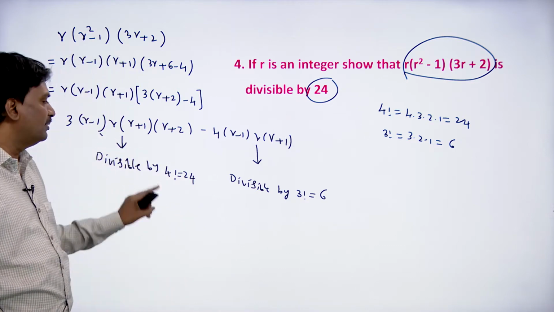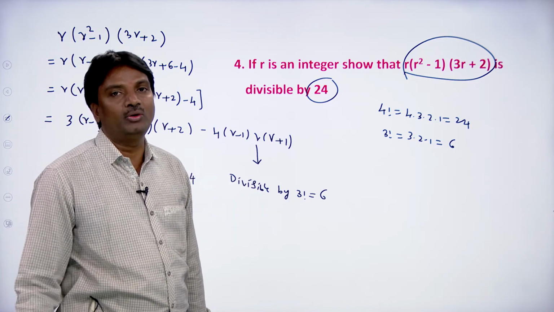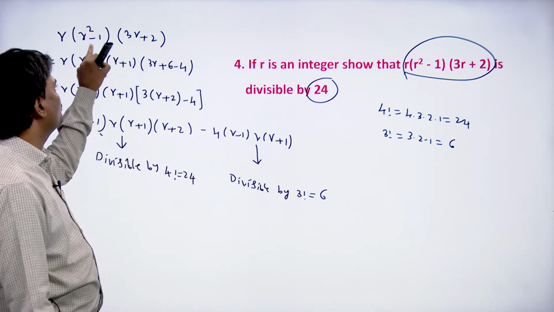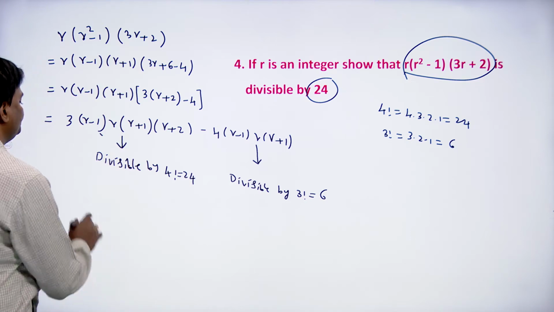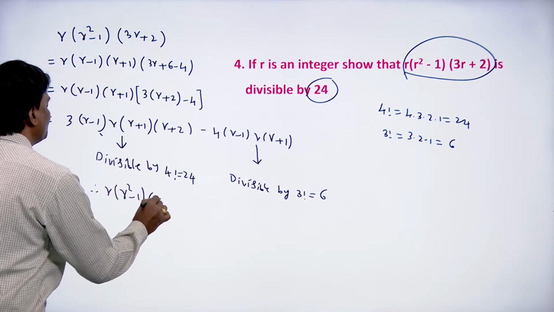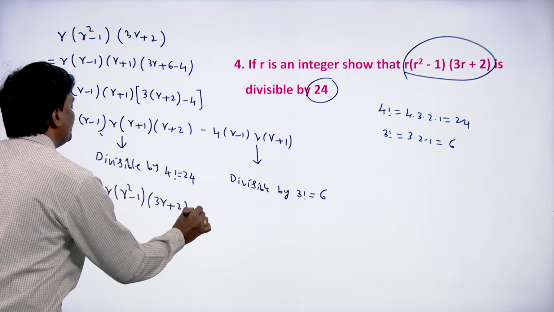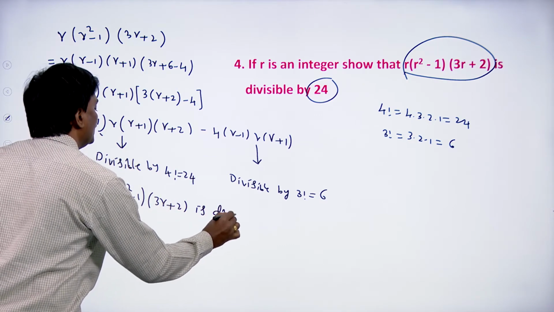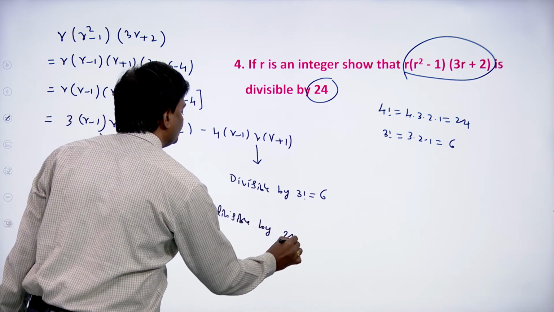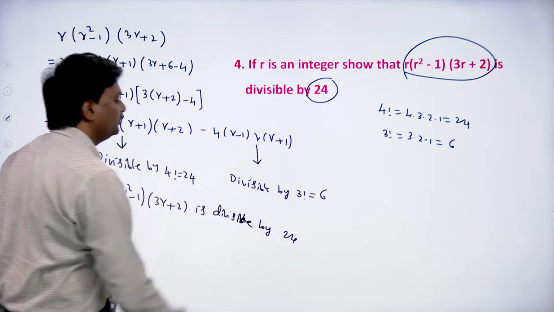We know the LCM of 24 comma 6 is 24 only. Therefore, r into r square minus 1 into 3r plus 2 is divisible by 24.